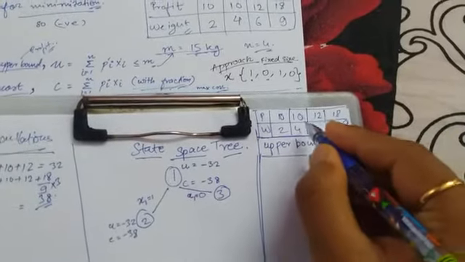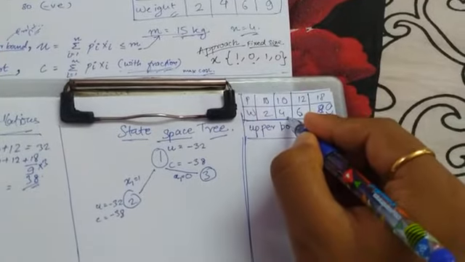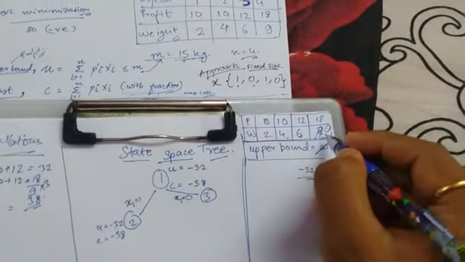Yeah, 10 plus 12 plus, we cannot add this because 6 plus 4 is 10 and the maximum is 15, so we cannot add this 9.